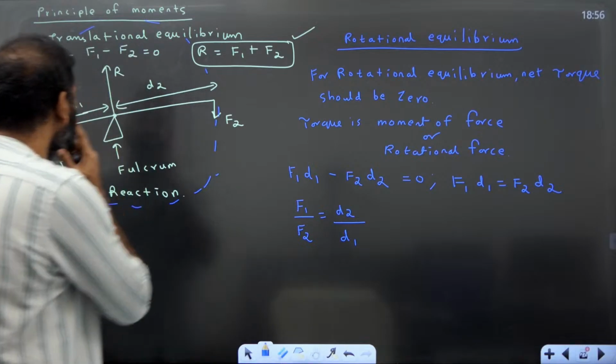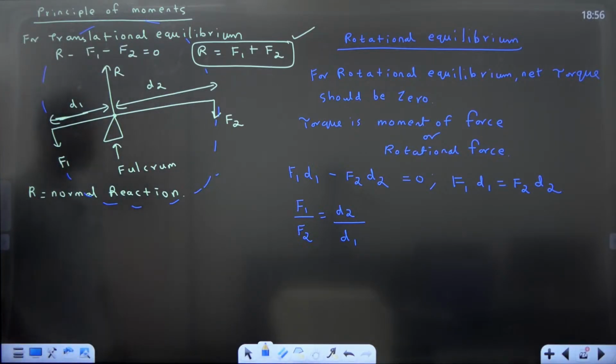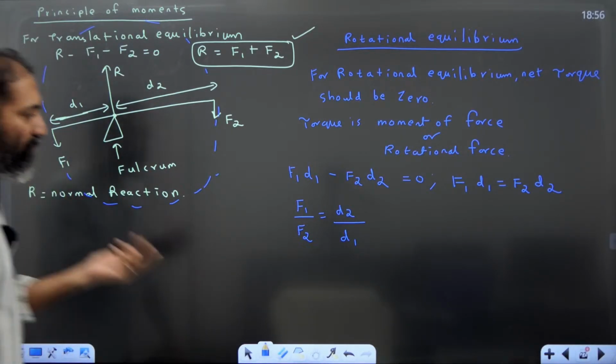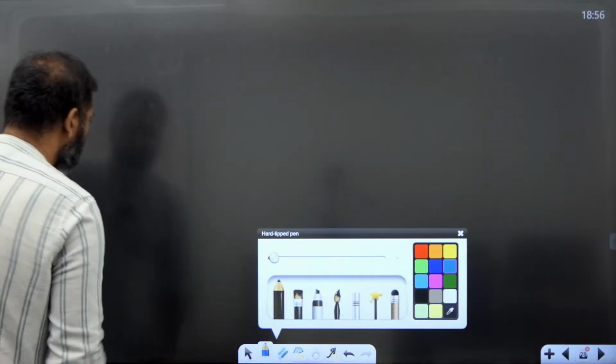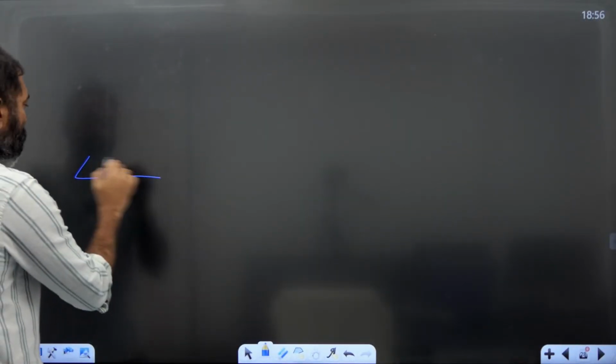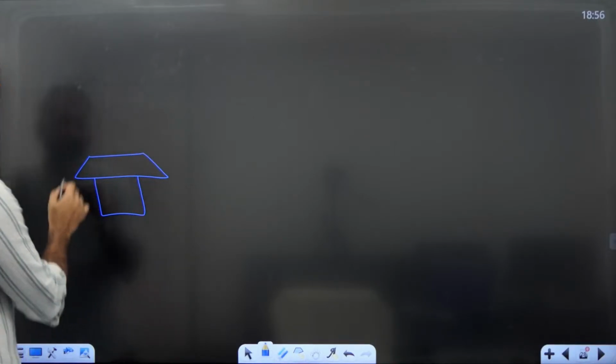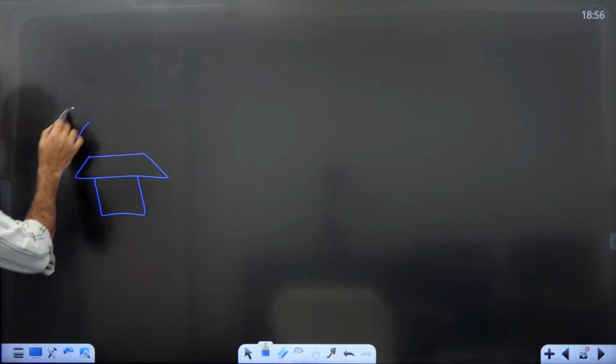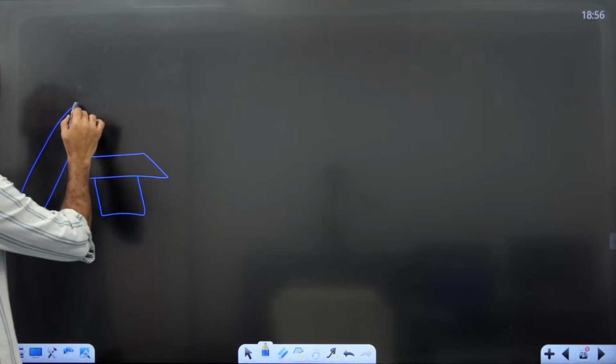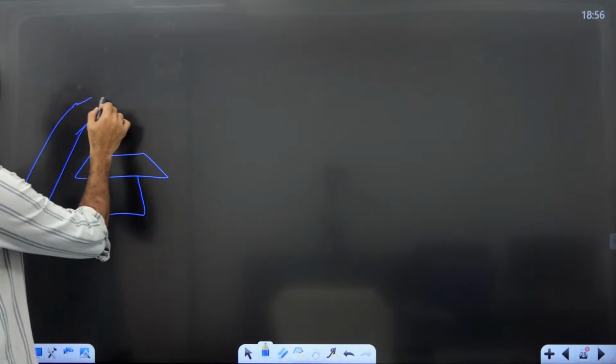In a practical case, suppose, please concentrate, while I was a kid, my house was a very small house, and there was a very big coconut tree very close to my house.